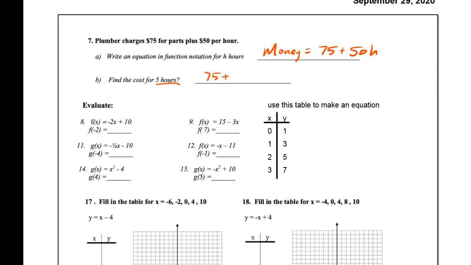Why would I do 75 plus 50 times 5? Why am I putting the 5 there? You're putting the amount of hours in place for H. Perfect. H stands for hours, so we put 5 in place of the hours. So that would be $250, $325. Good. Very good.